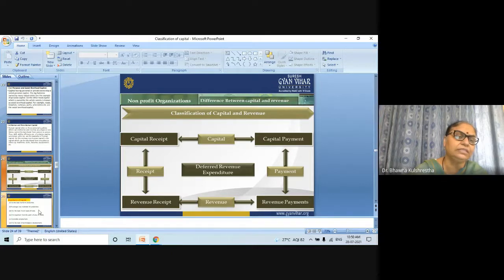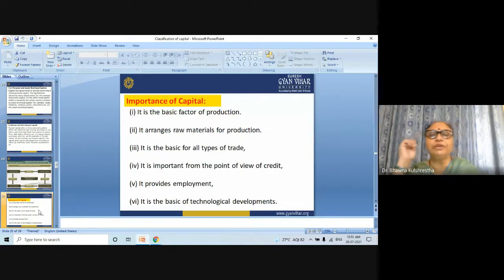And the next is the importance of capital. It is the basic factor of production. It arranges raw materials for production. It is the basis for all types of trade.